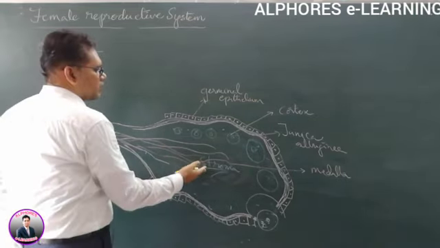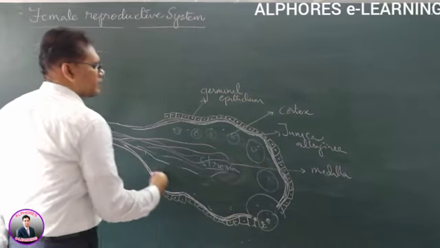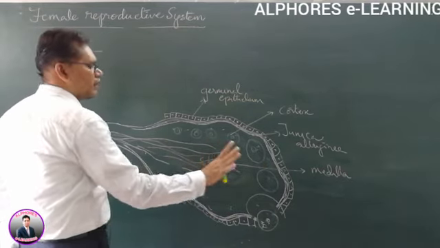This is the medulla part, this is the cortex part, and together they are called stroma.